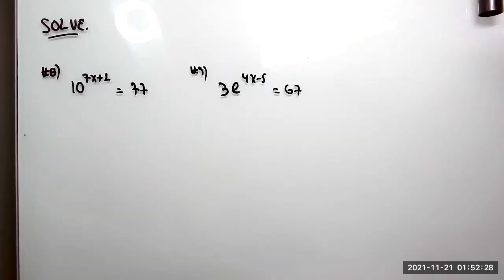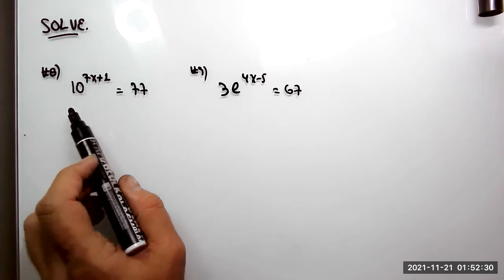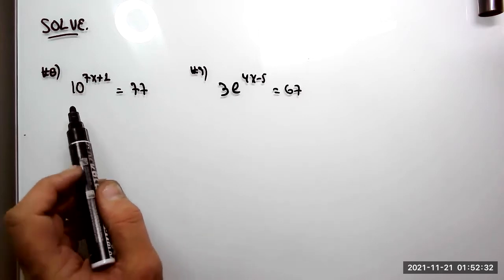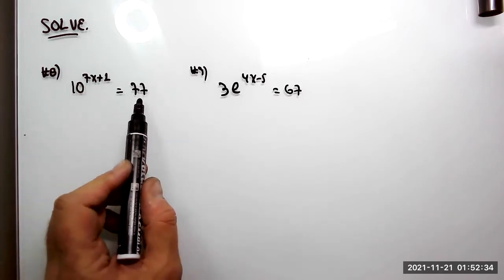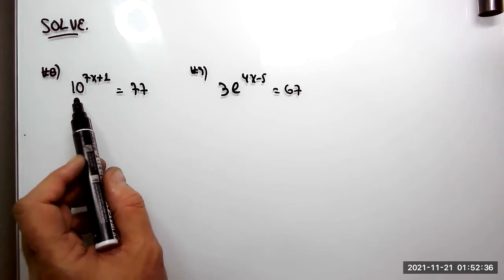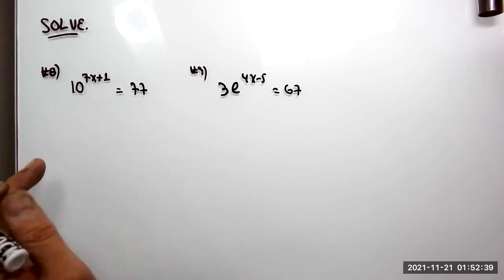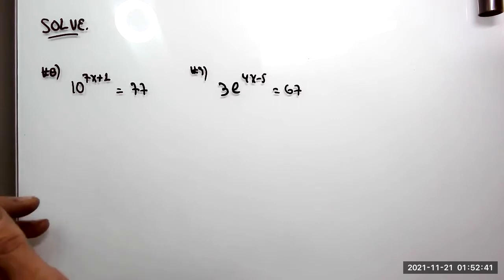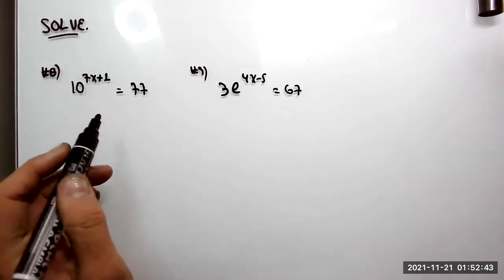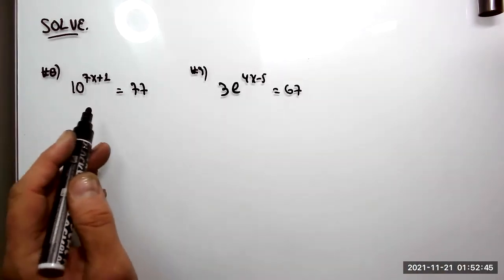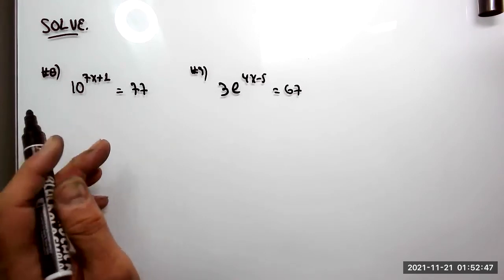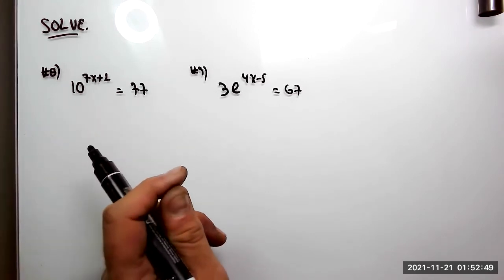What about these two other examples? Notice that it's going to be very difficult, if not impossible, to write 77 as base 10. Therefore, we use another strategy, which is using the inverse function of the exponential, which is the logarithmic function.